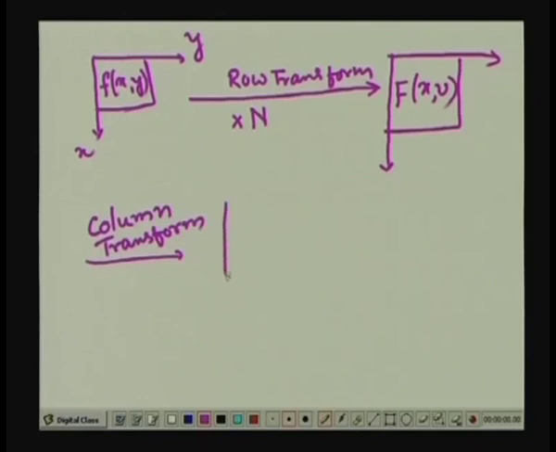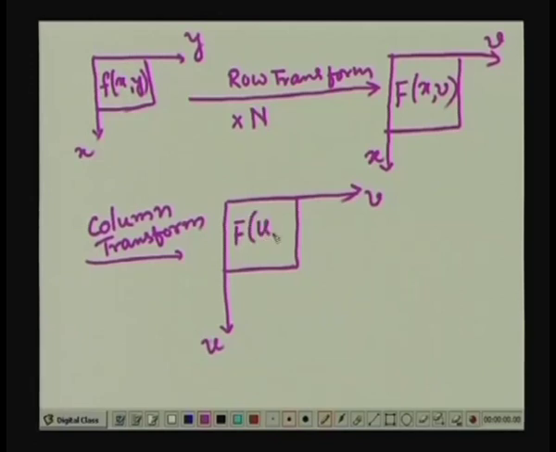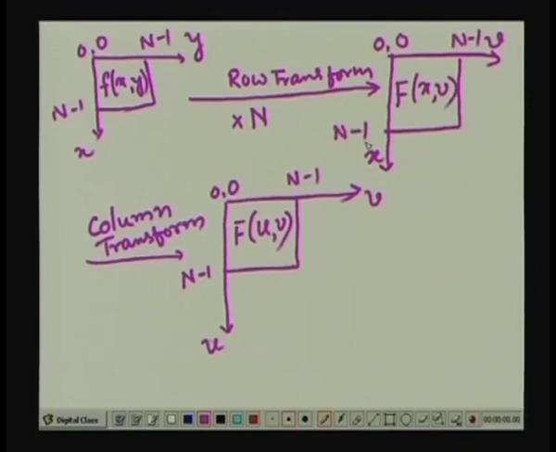After doing this column transformation, we get the final result as u v, and our final transformation coefficients will be capital F u v. Of course, this is the origin 0 0, all these values are n minus 1, n minus 1, here also it is 0 0, this is n minus 1, n minus 1, here also it is 0 0, here it is capital N minus 1, here it is capital N minus 1.